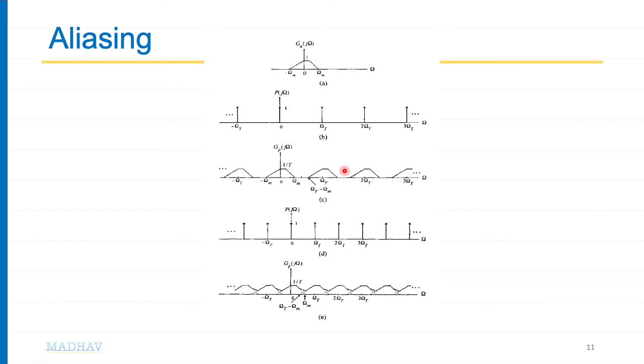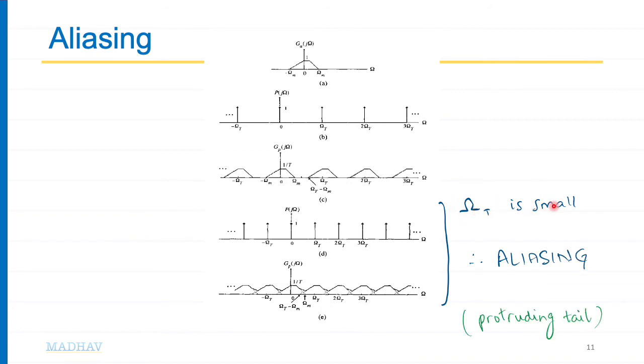Then what will happen if you convolve the two? There will be overlaps. And so that is the problem. If omega t, the sampling frequency, is small, which means sampling time is large, you are very lazy in sampling things, then you get aliasing, which means protruding tails. So the tail of this signal will go into the other copy, and then they mix inseparably, and you can't separate them out later. So the signal gets distorted, and you lose the purity of the signal.